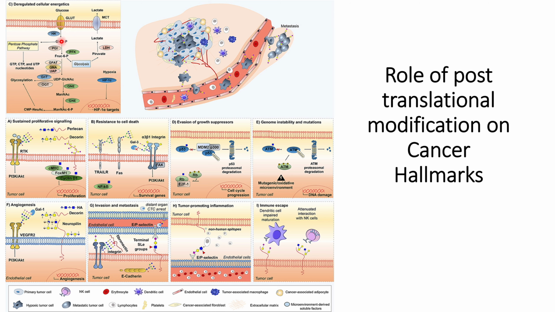Instead, energy is generated directly within the cytosol of the cells, and at the same time it produces pyruvate that can lead to lactate formation and lactate secretion outside the cells. At the same time, the hypoxia condition formed because of the lower amount of oxygen in the cancer cells will promote HIF1 alpha target genes, and that will further aggravate this glycosylated pathway.